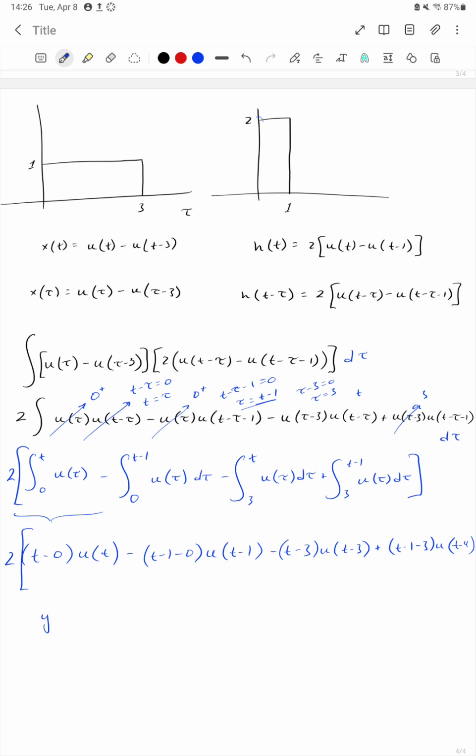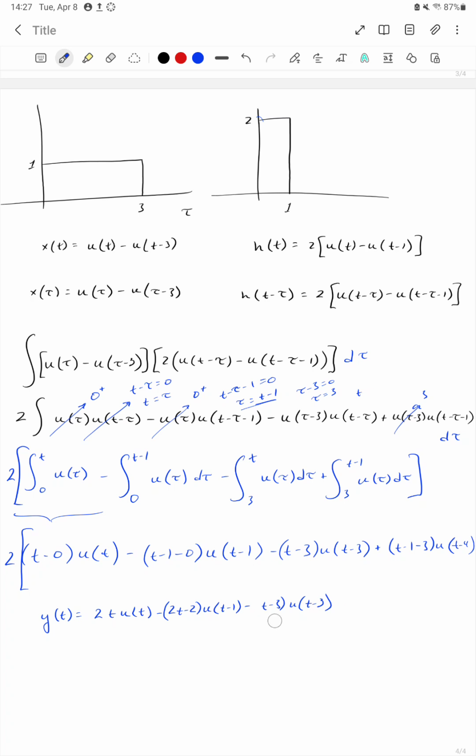Your total y of t function will be equal to 2t u of t minus t minus 1 u t minus 1 minus t minus 3 u of t minus 3. Oops, I forgot to add the 2 here. It's technically a 2t minus 2.